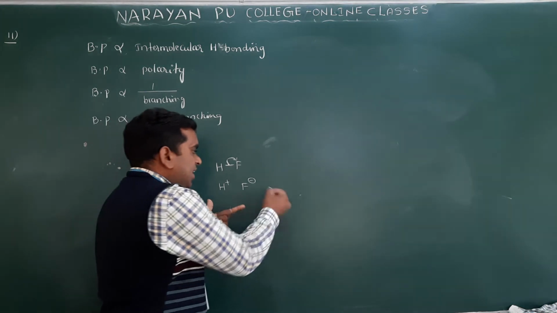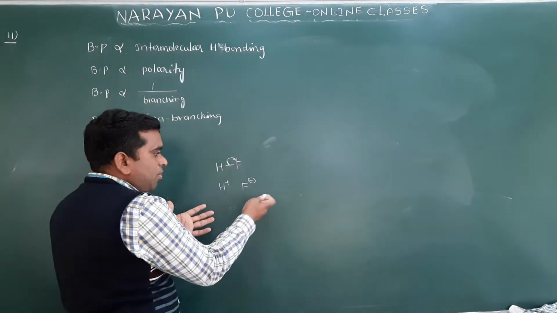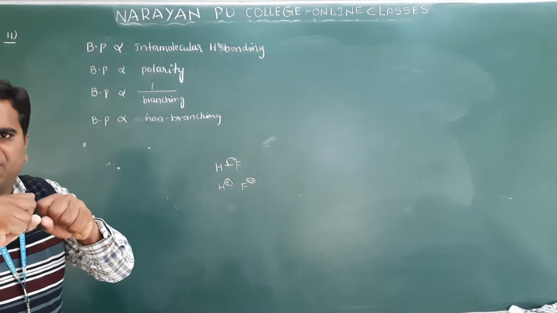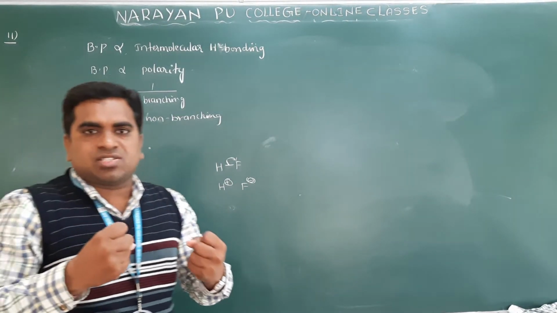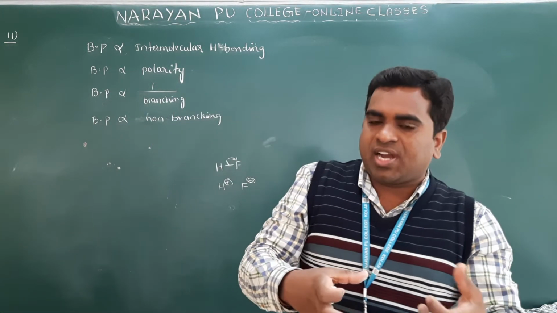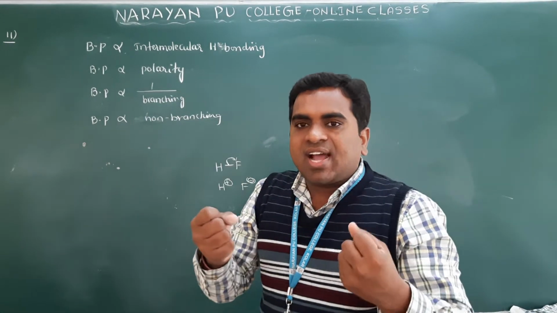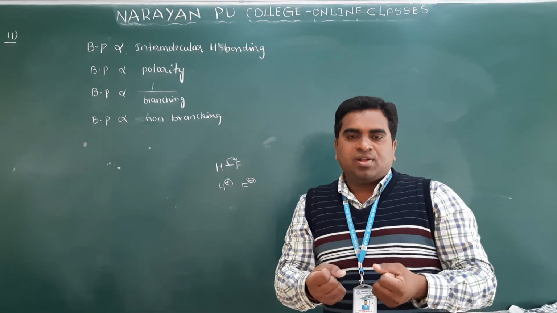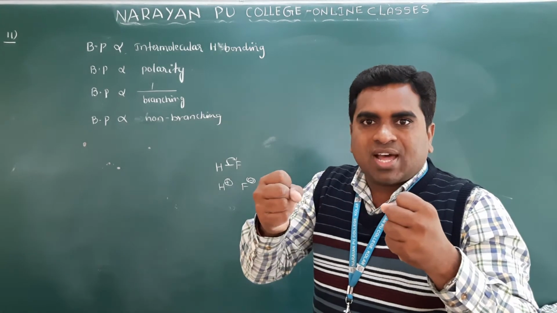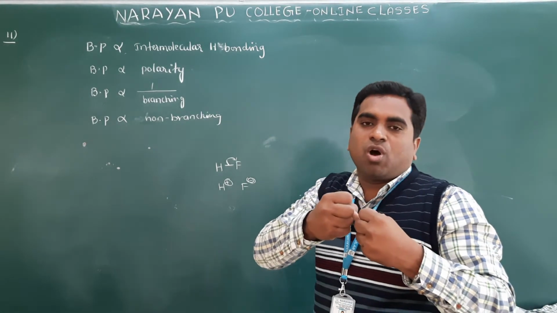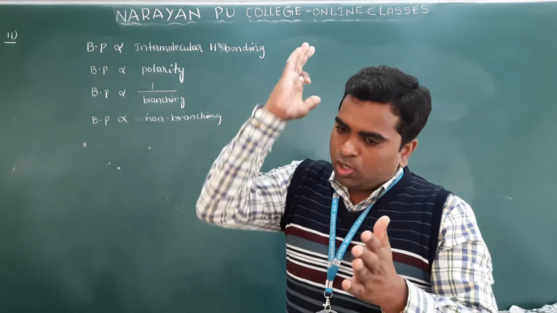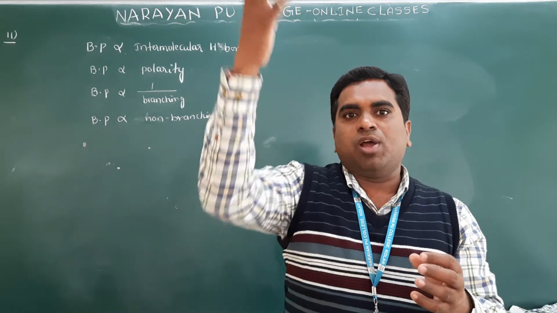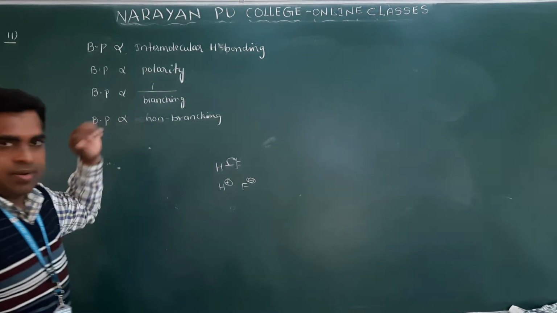If poles are there, then between the hydrogen and fluorine of another molecule, attractions will be very strong. When poles are generated, attractions exist between the positive pole and the negative pole. Then the attractions become very strong, and to break those attractions you have to put in a lot of heat energy. So automatically the boiling point increases. That is the concept. Clear?